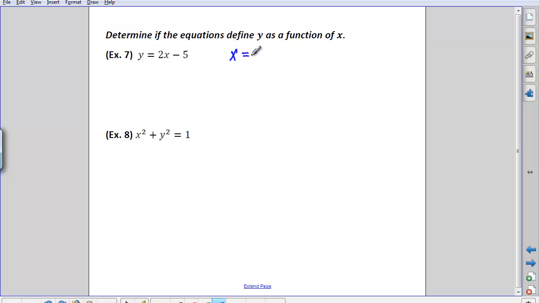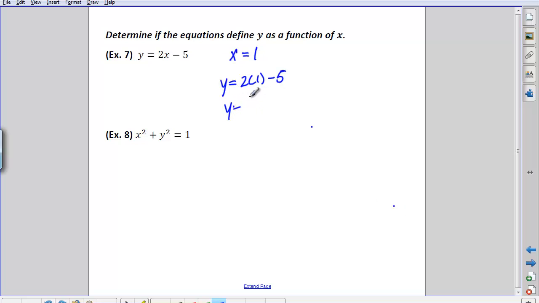Maybe let's try x equals 1 and see what happens. If I plug in an x value of 1, that means y is 2 times 1 minus 5. What I'm really concerned with as I try this out is not what the answer is, but what about the steps along the way? Is there more than one path to get from an x value to a y value?